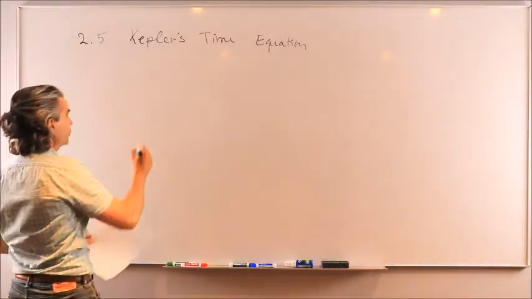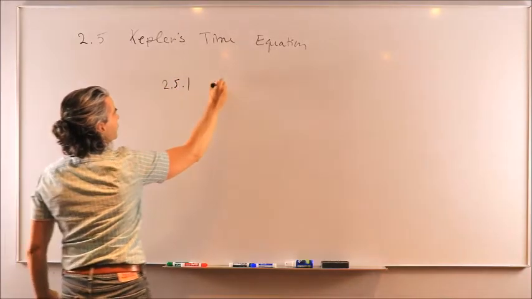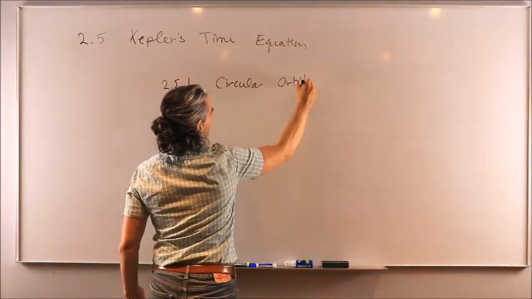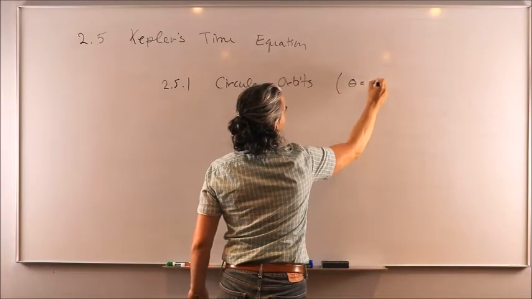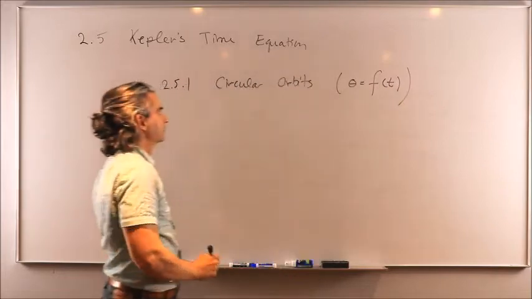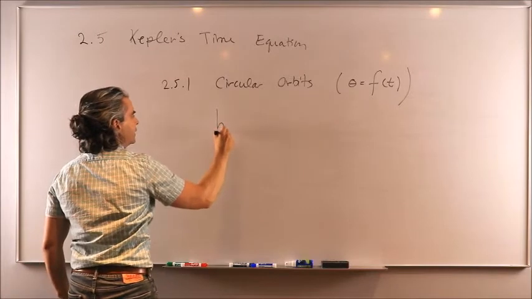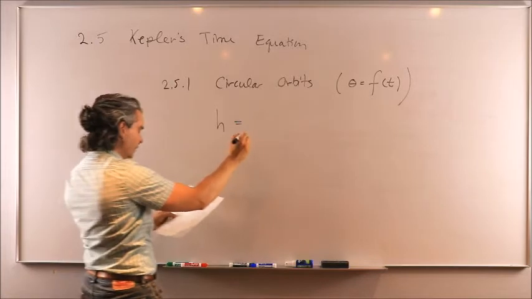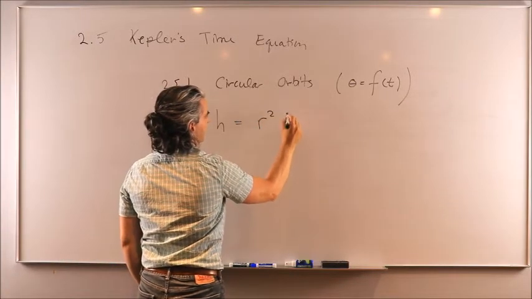So today what we want to do first is look at 2.5.1, circular orbits, and again, how to relate true anomaly as a function of the time on orbit, okay? So if you remember from before, we had an expression for the specific orbital angular momentum h, which was equal to the distance squared times theta dot.